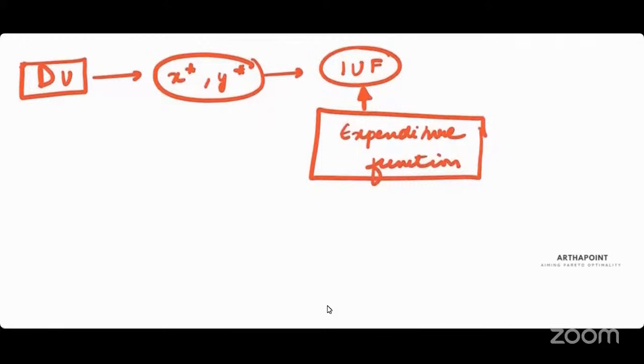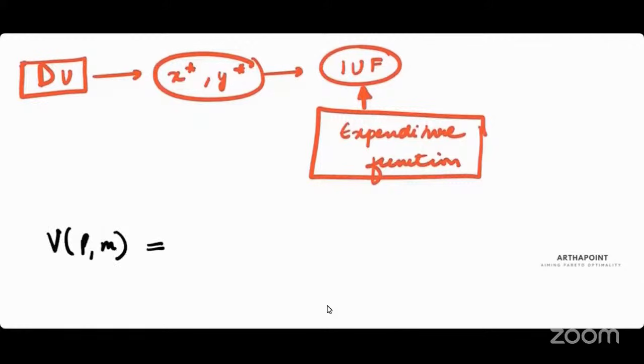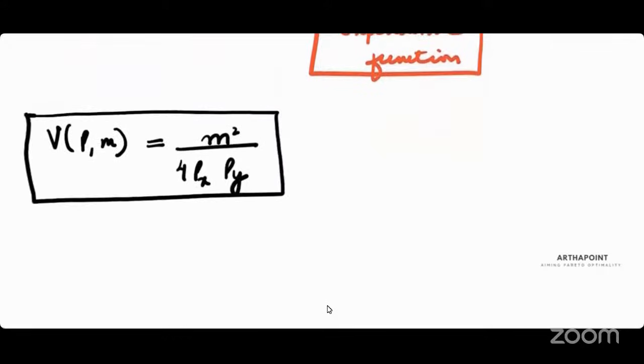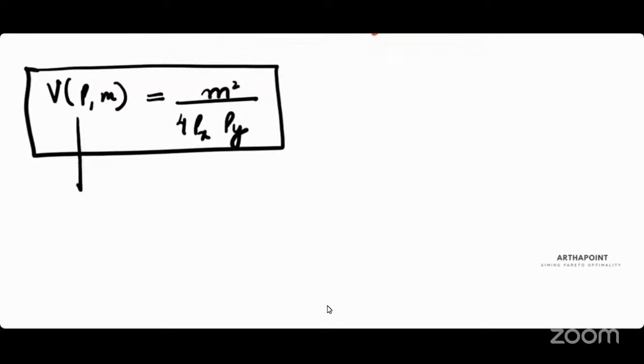So the question is, what is expenditure function? See, look here. We found out our indirect utility as M square upon 4 Px Py. This is the maximum utility that you can get from your utility function. Supposedly, I go ahead and write this as U bar because this is the maximum utility I can get. And along an indifference curve, it's held constant at U bar.